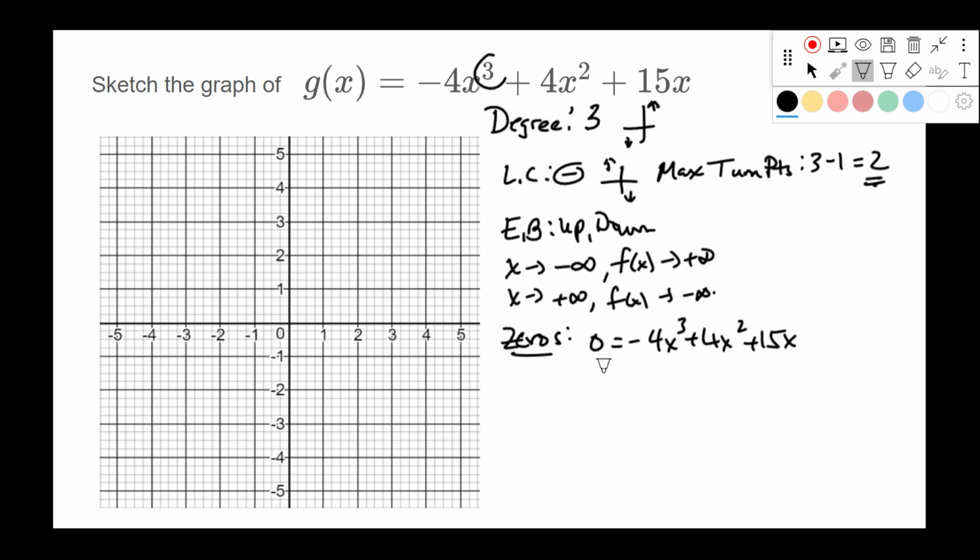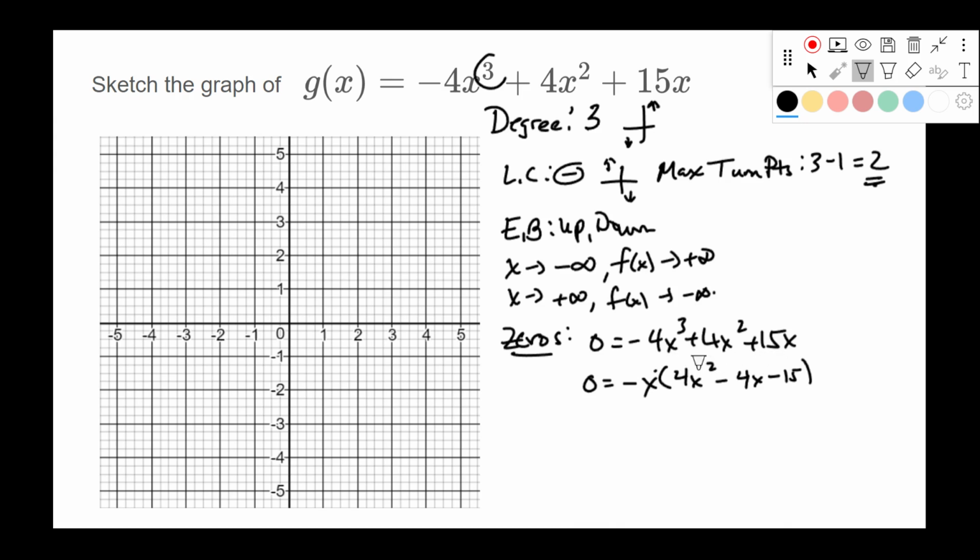First thing we're going to do is take out the negative. You can't lead with a negative. So let's take the negative out. And we'll also take an x out. So we have 4x squared minus 4x minus 15. Now we've got to factor 4x squared minus 4x minus 15.